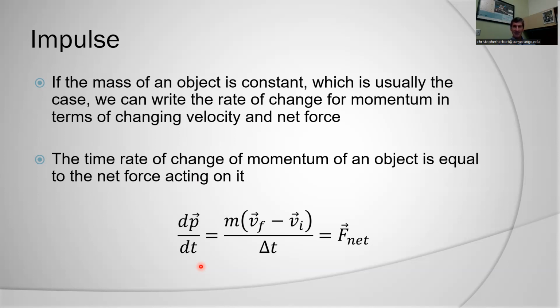Now, we said F equals ma is Newton's second law. Of course, we can't always use this form, because the mass may actually be changing as a function of time.